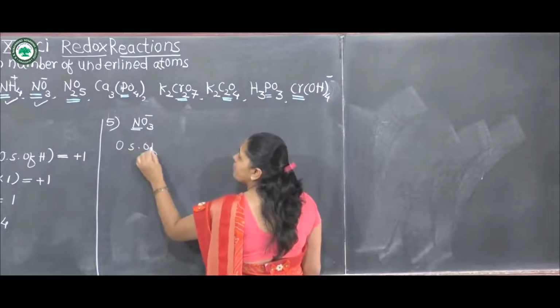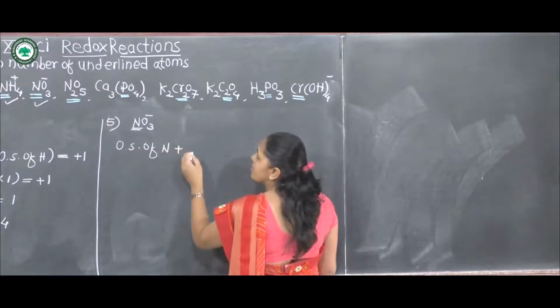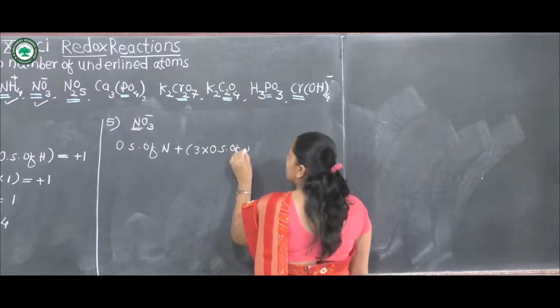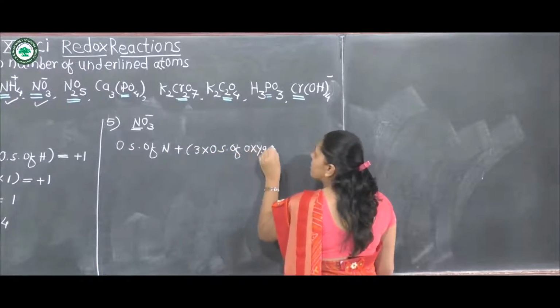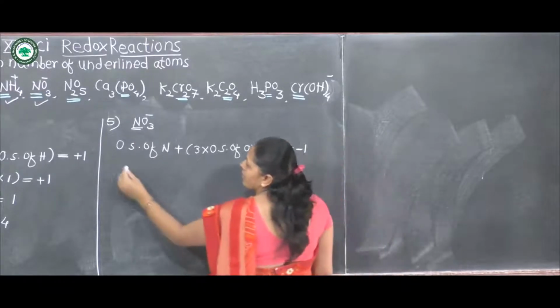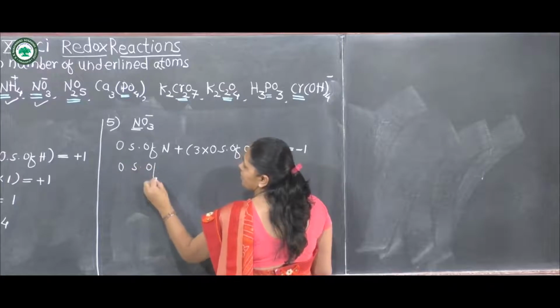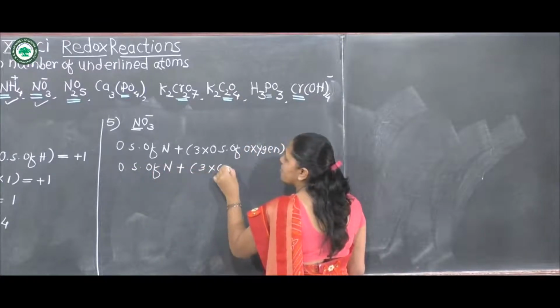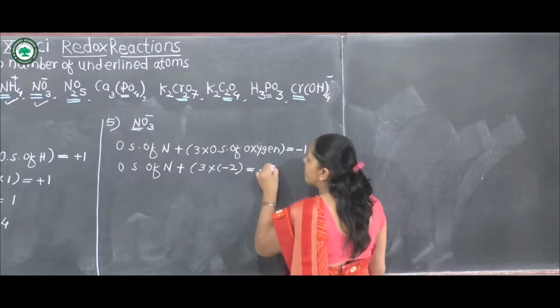Oxidation state of nitrogen plus 3 multiplied by oxidation state of oxygen is equal to -1. Oxidation state of nitrogen plus 3 multiplied by oxidation state of oxygen, which is -2, is equal to -1.